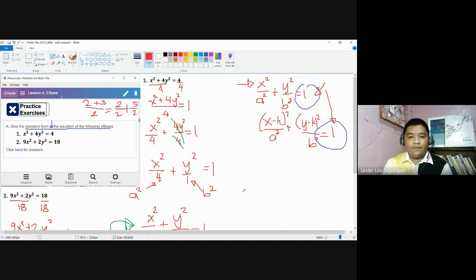If that is the case, definitely a squared is bigger than b squared. That's why 4 is a squared and 1 is b squared. If that is the case, this ellipse is with center at the origin, but stretching horizontally, because the value for a squared is placed as the denominator of x squared.